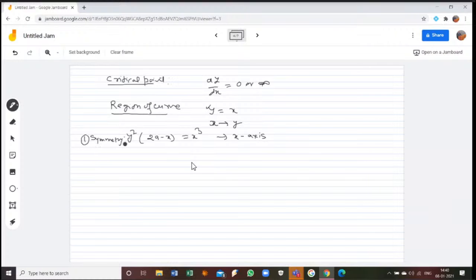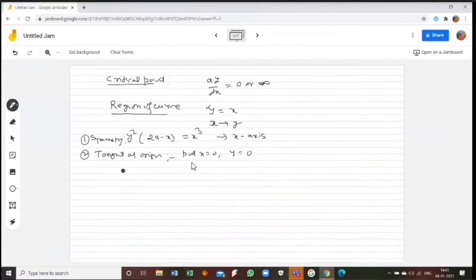What is symmetry? Symmetry is about the x-axis. Second, we go for the tangent at the origin. First we have to see whether this curve passes through the origin. Yes, put x is equal to 0, we get y is equal to 0, so the curve passes through the origin.